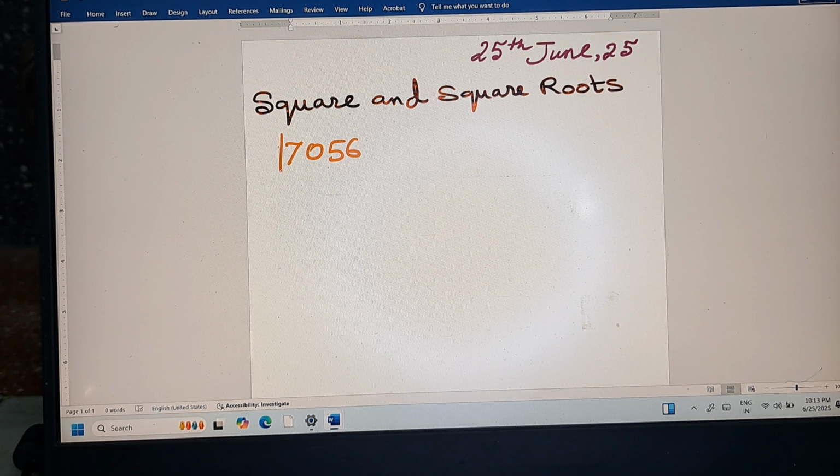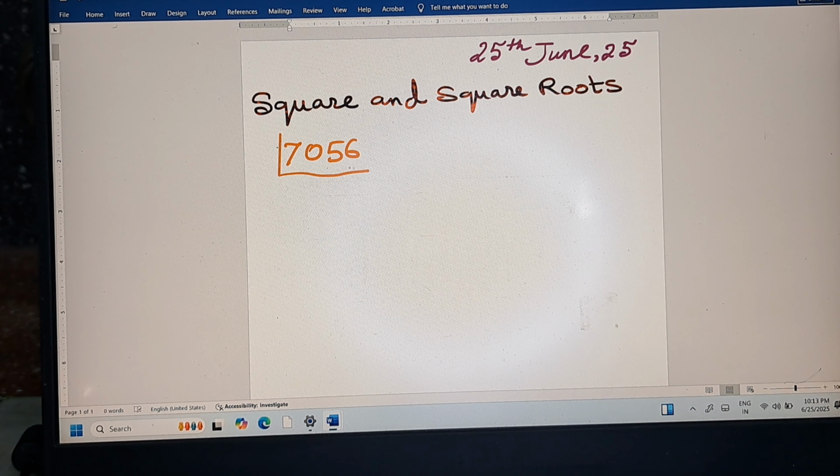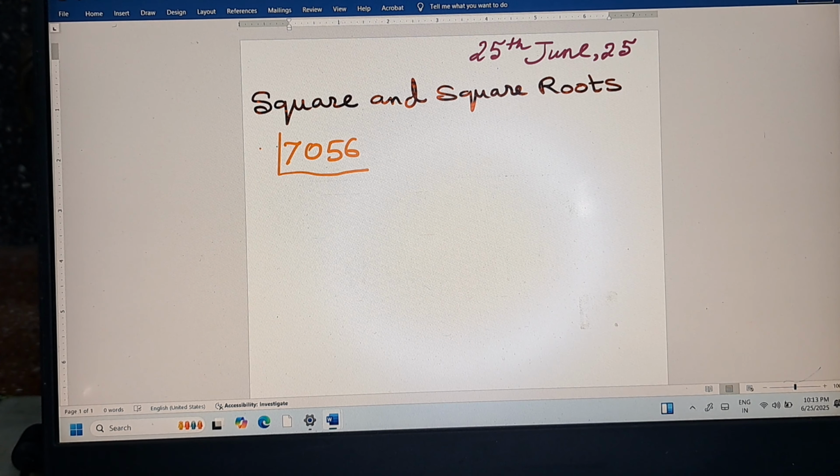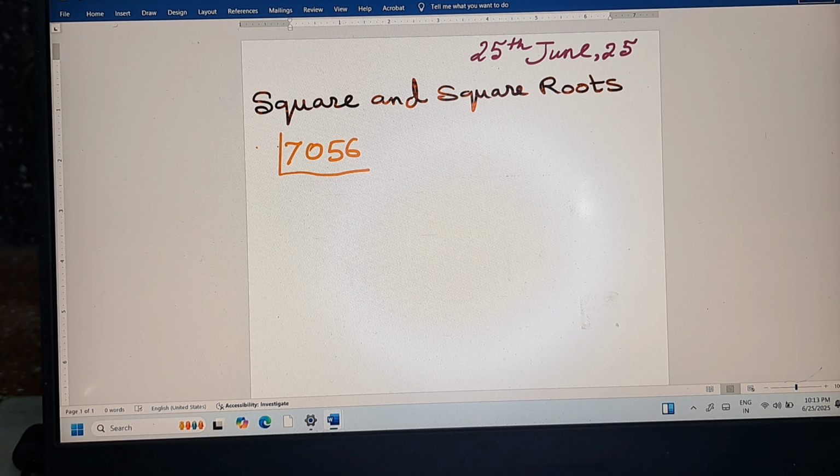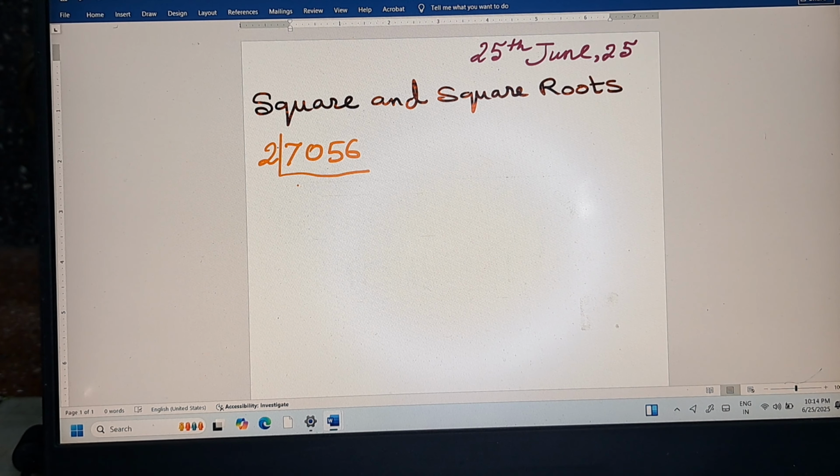So let us find the prime factors of 7056. What we can see is that in the ones place the number is 6, which is an even number. So we can divide this number by 2. When we divide by 2, half of 7056 will be 3528.